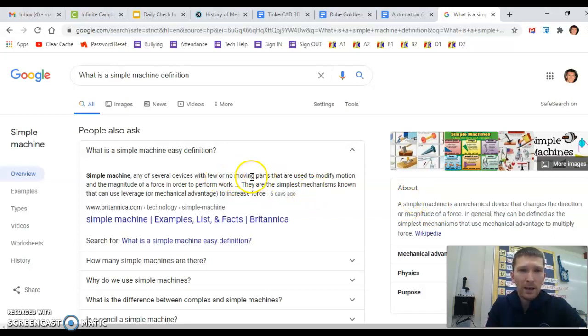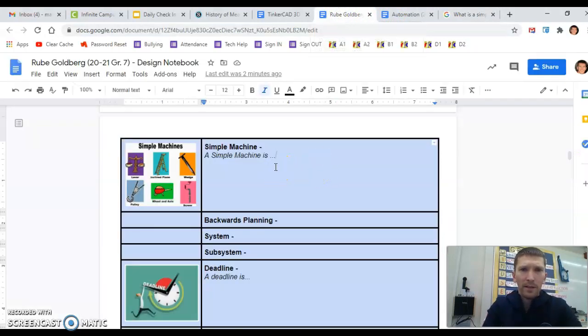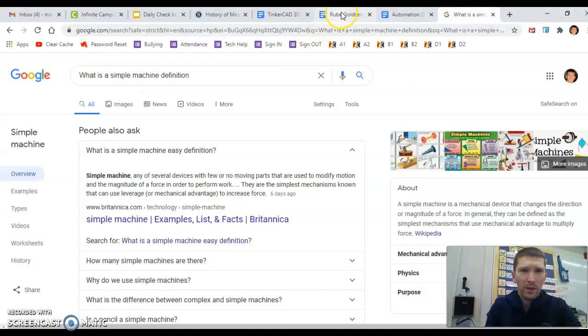I'm going to combine that. A simple machine is a device to, let's go back and see what we have here, and so it makes sense to us. So it's going to be something to modify motion and the magnitude of a force in order to perform work.